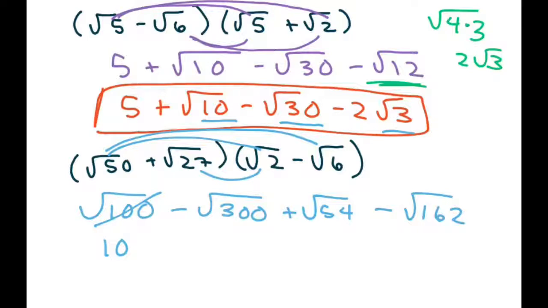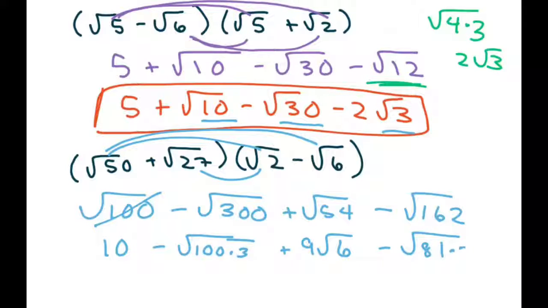And this one, let's see, I'm going to do 100 times 3. And this one, I'm going to do 9 times 6. And on the last one, I'm going to do 81 times 2.